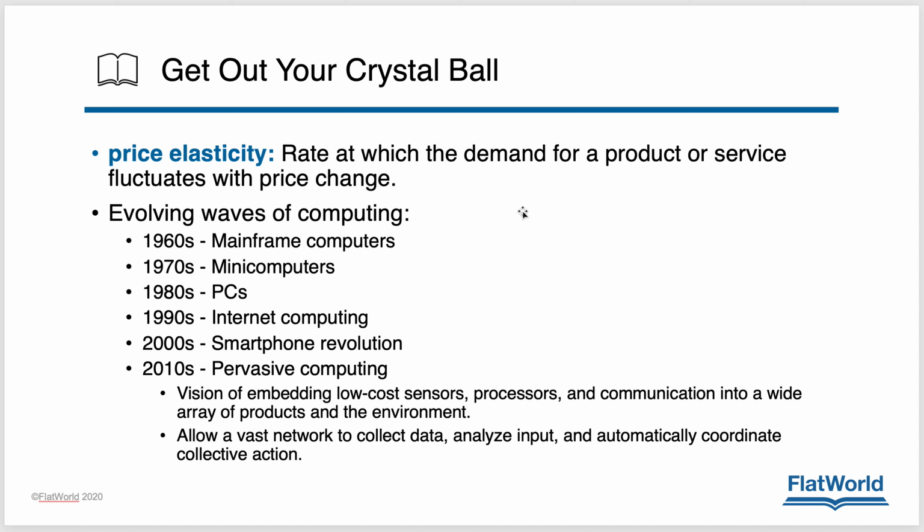So, evolving waves of computing. In the 60s, we had mainframe computers, probably the size of the room that I'm in right now. In the 70s, we went to minicomputers, which were smaller and took up less space because as the chips became more powerful and the storage became smaller but could hold more information, you didn't need such a large thing.